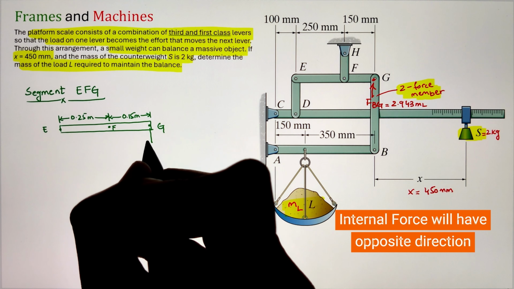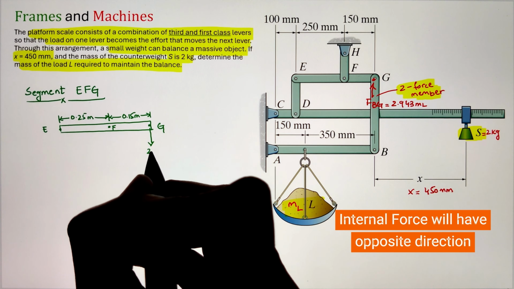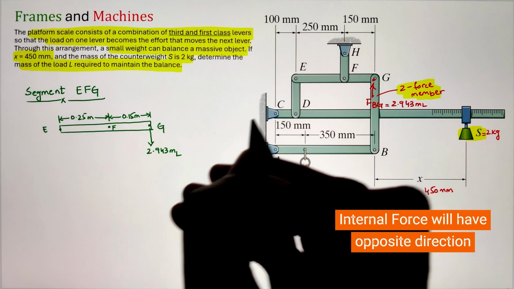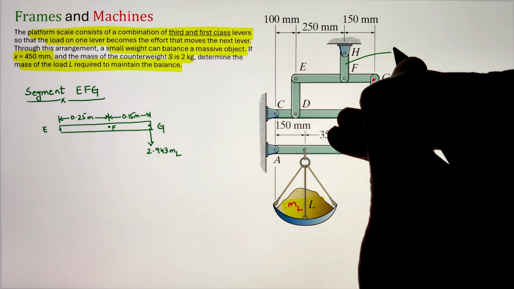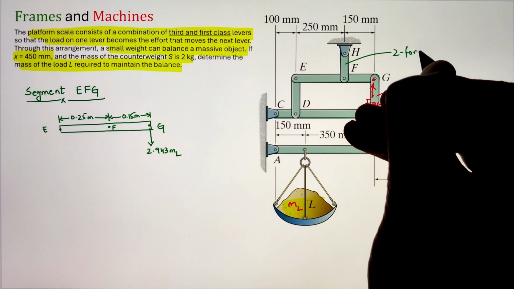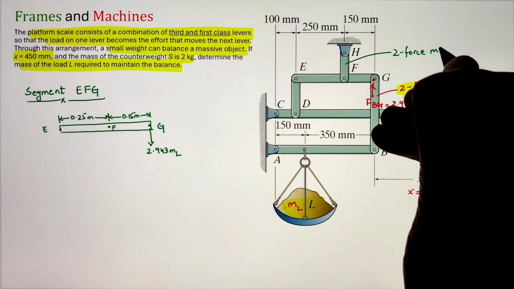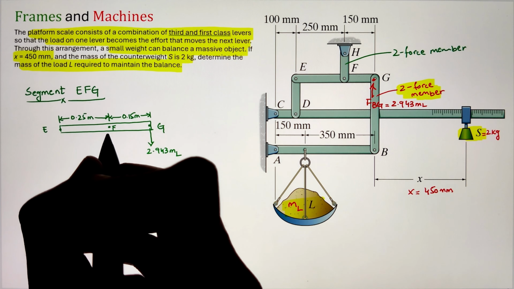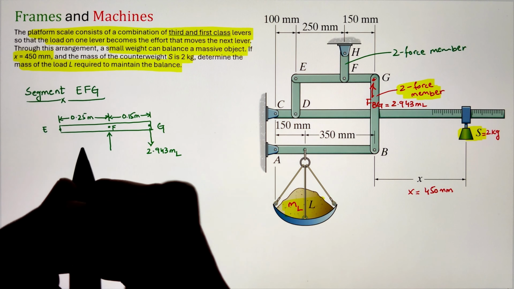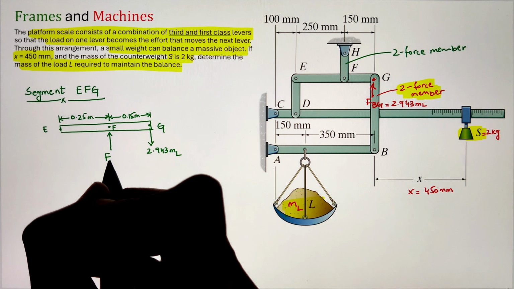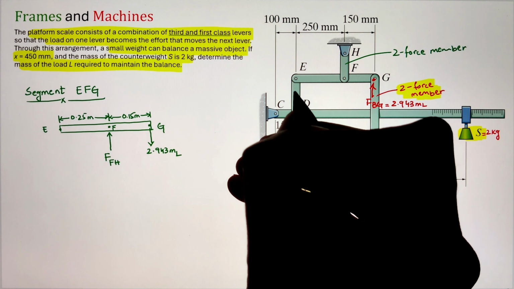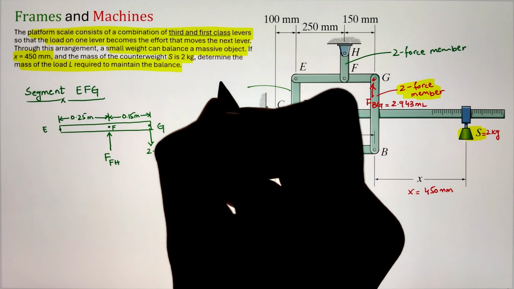Now at point G, since our force was in the upward direction, but with reference to our segment EFG, it will be going in the downward direction, because these two forces should cancel out one another once these two members are connected. That's why I have the direction going downwards, and the magnitude is the same, 2.943 ml.